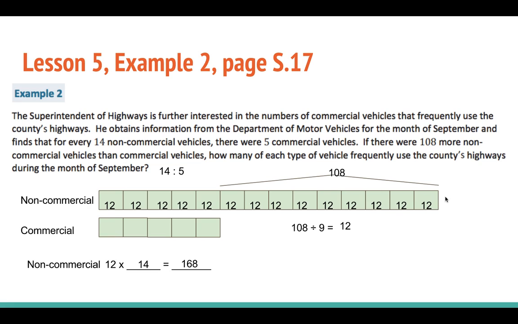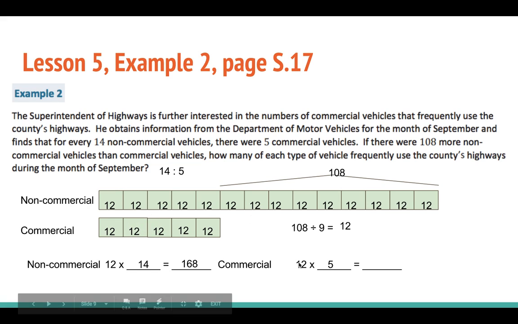So I have 168 non-commercial vehicles. For commercial vehicles, I'm going to put 12 in each box, so that's 12 times 5, because I had 5 boxes. I must be getting tired because I noticed my boxes aren't even here. So 12 times 5 equals 60. So I have 168 non-commercial vehicles and 60 commercial vehicles.